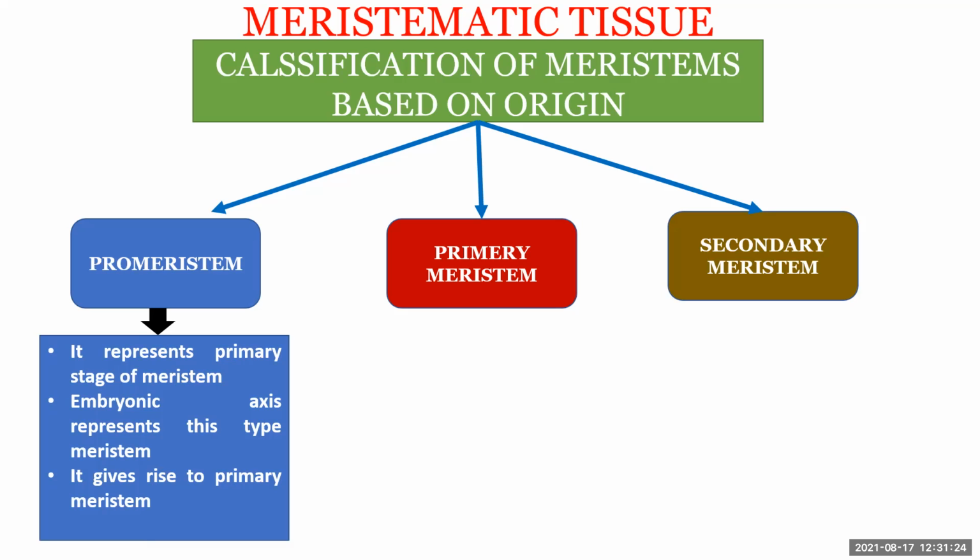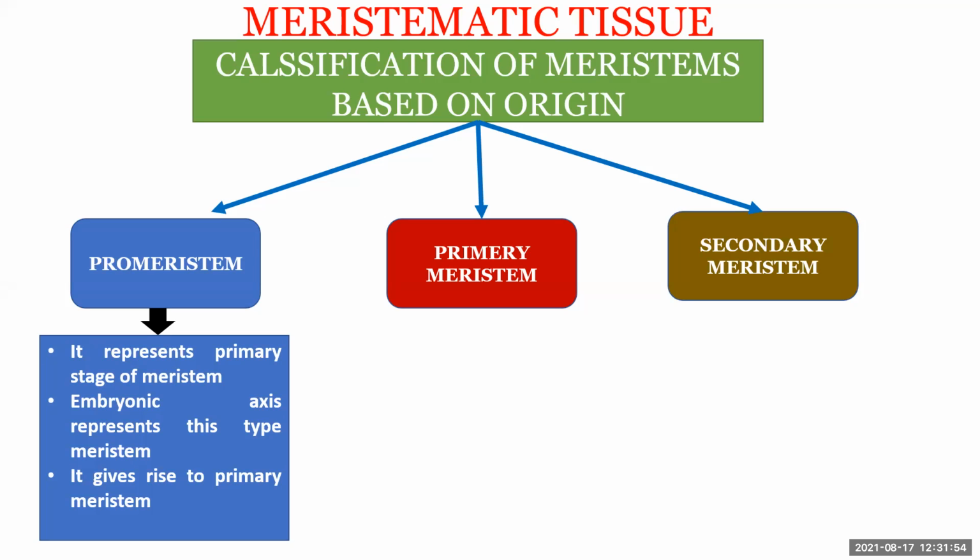So all the cells in the embryo have the capacity of division, and this is known as promeristem or primordial meristem or embryonic meristem. The meristem which is present in the embryo is promeristem. An embryonic axis represents this type of meristem.